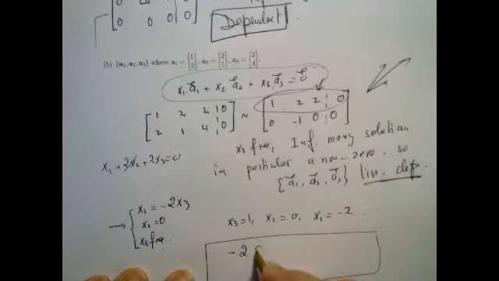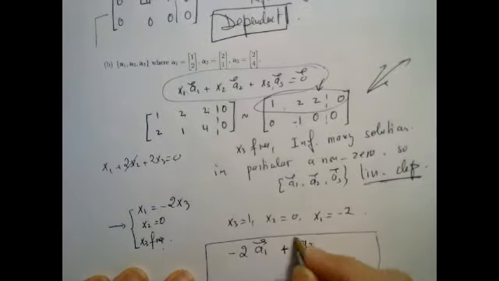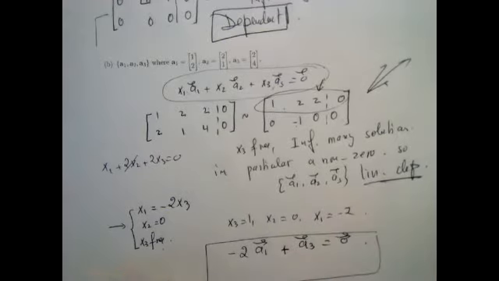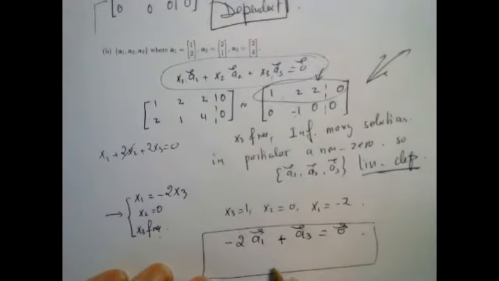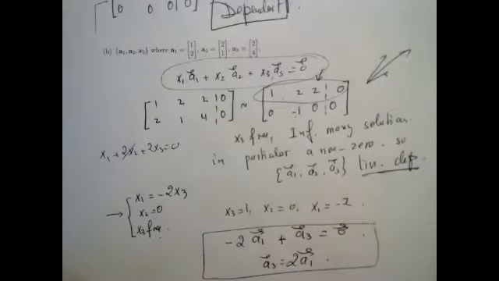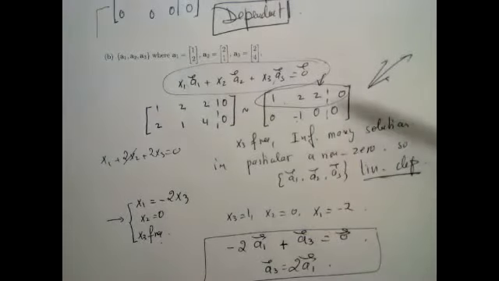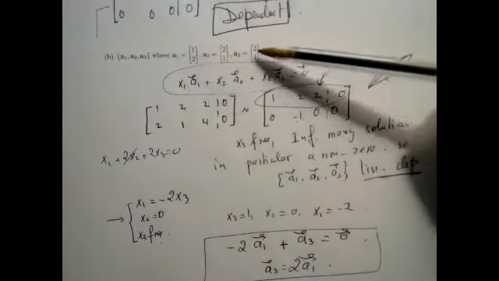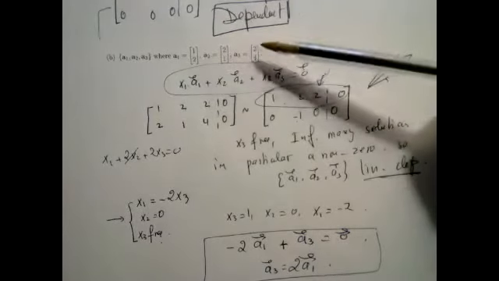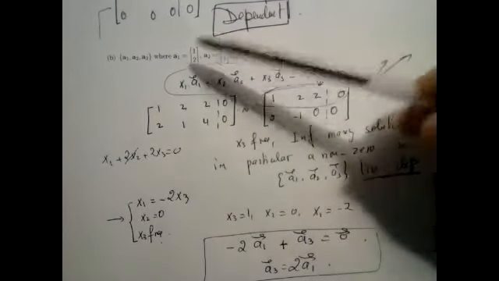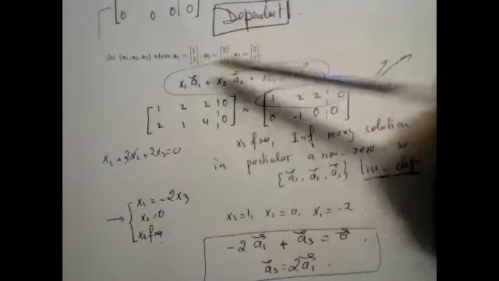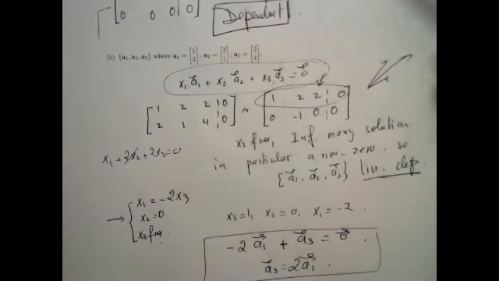Minus 2 times a1 plus a3 is equal to 0. So a3 is 2a1. All right, are we correct? If we had paid a little bit of attention, we could have noticed that a3 is twice a1. So that is another reason why they happen to be linearly dependent in this particular scenario.